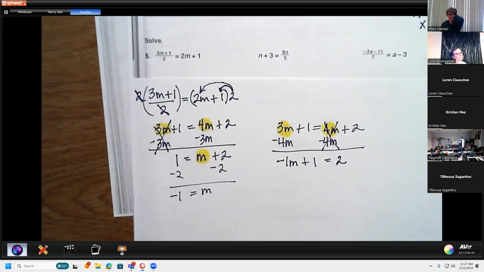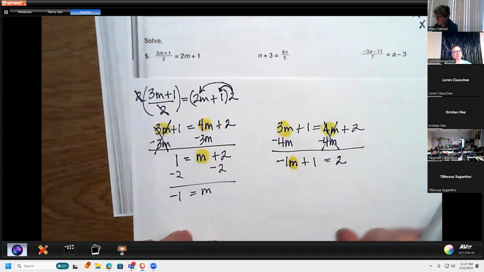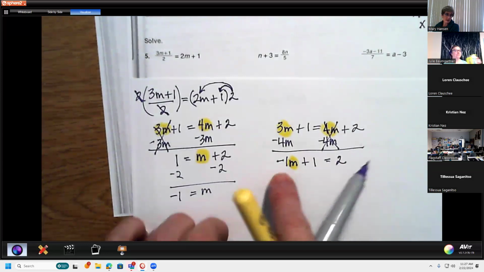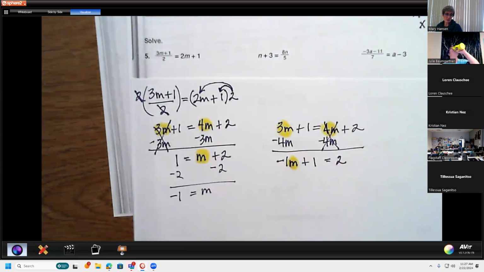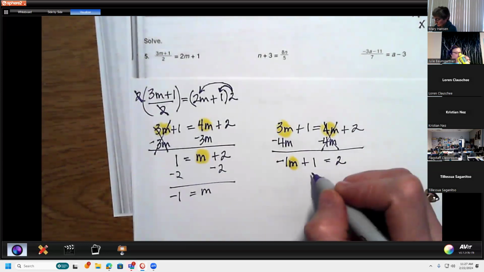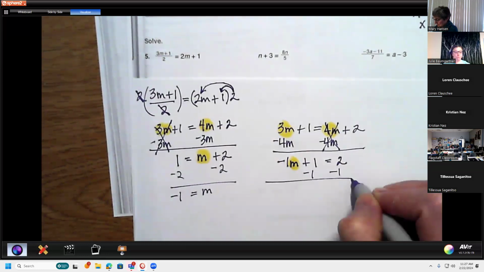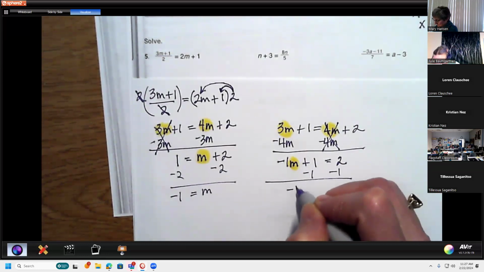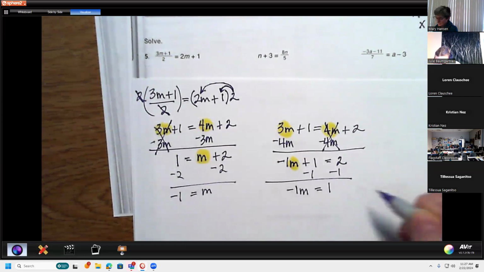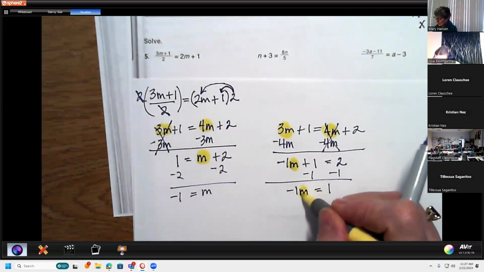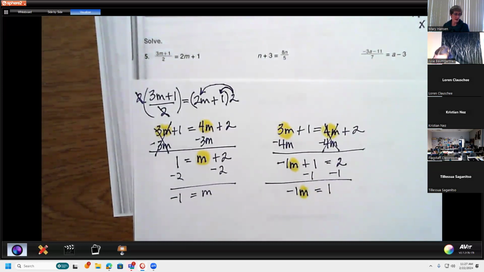And now we have a 2-step equation, because I've got to get rid of the positive 1 that's being added, and I've got to get rid of the -1 that's being multiplied. So I'm going to subtract 1 from both sides. And now I have -1 times m equals 1.